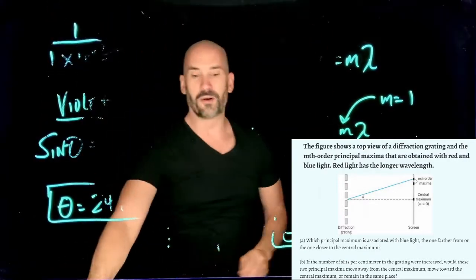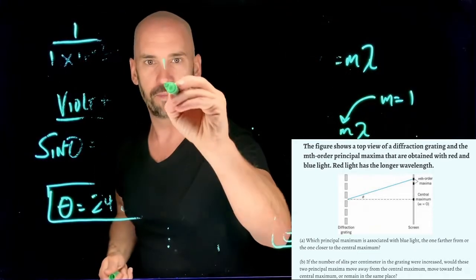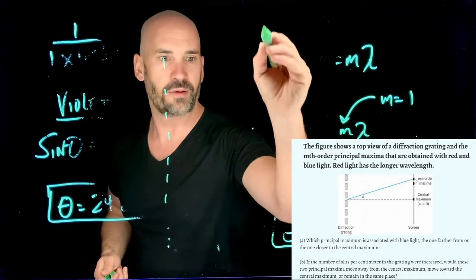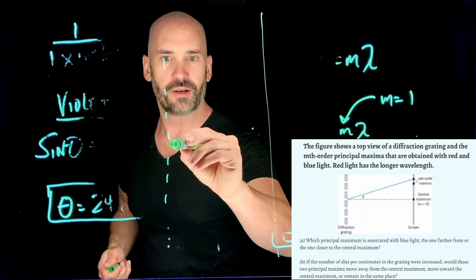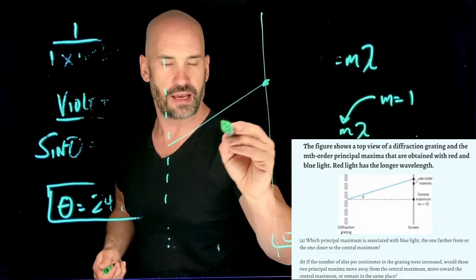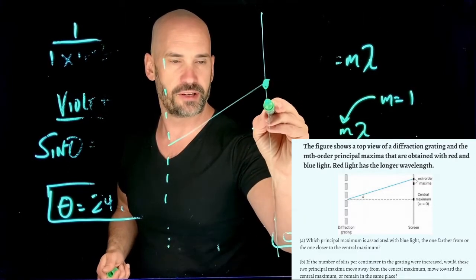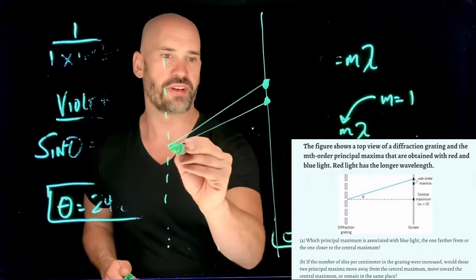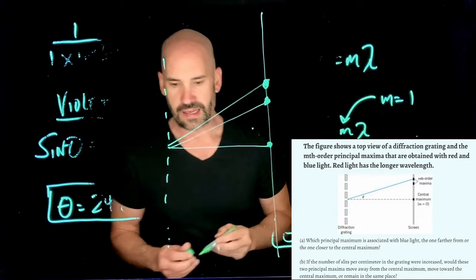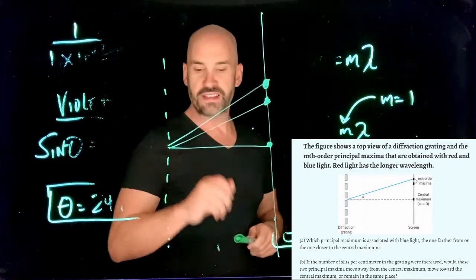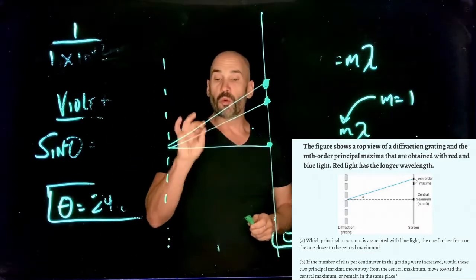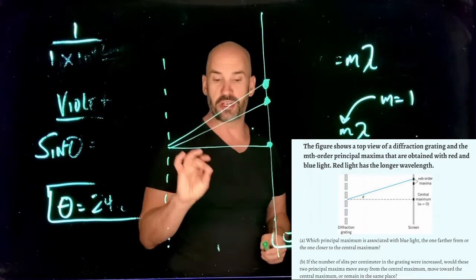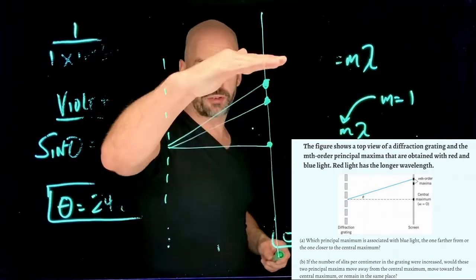Okay, so let's suppose that we have a grating, and we have two maxima. We have one maxima here, and we see another maxima here, and then of course the central maxima here. The question says one of these is red and one of these is blue light. Which principal maximum is associated with the blue light, the one farthest or the one closest?